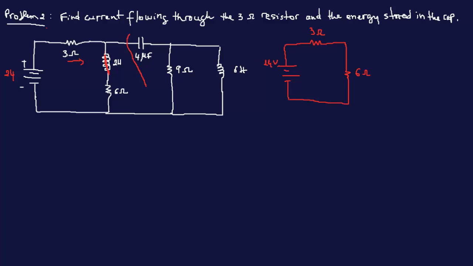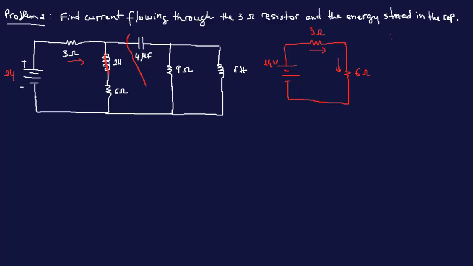All we need to do is apply Ohm's law. What was the question? Find the current through the 3 ohms. The current flowing through here is the same as this one, so we can add these two in series as 9.